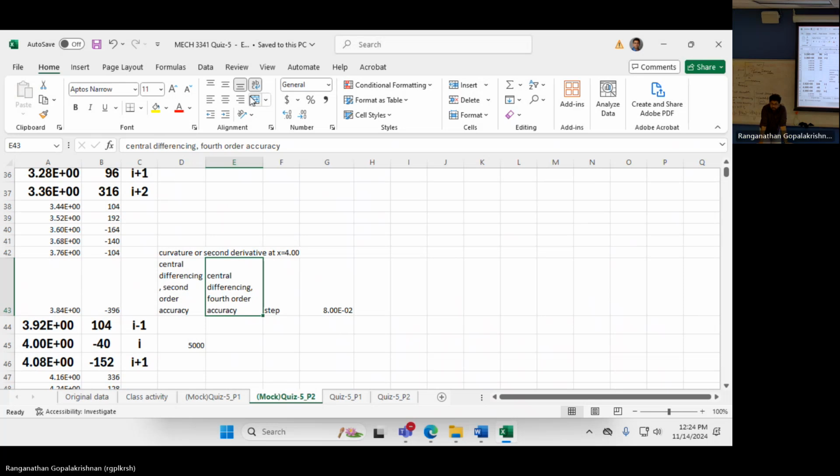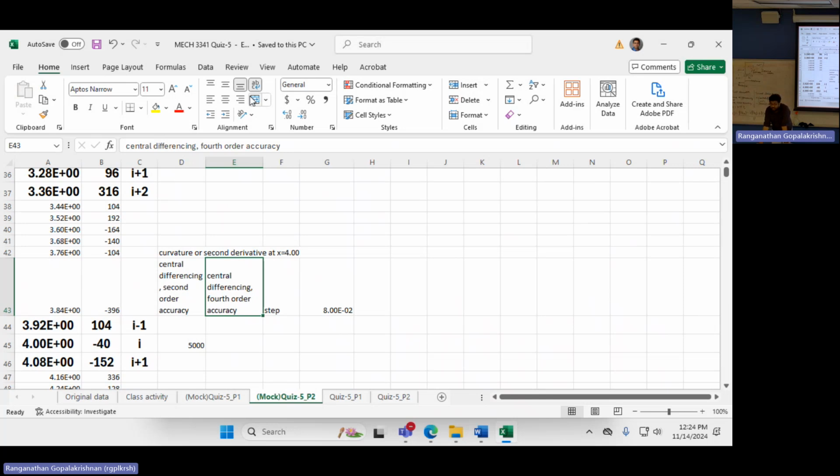Fourth order. f of xi plus 2 minus 4 f of xi plus 1 plus 6 f of xi minus 4 f of xi minus 1 plus... Which table are you looking at? 23.3. Which line? Third line or fourth line? The fourth derivative? I didn't ask for fourth derivative.